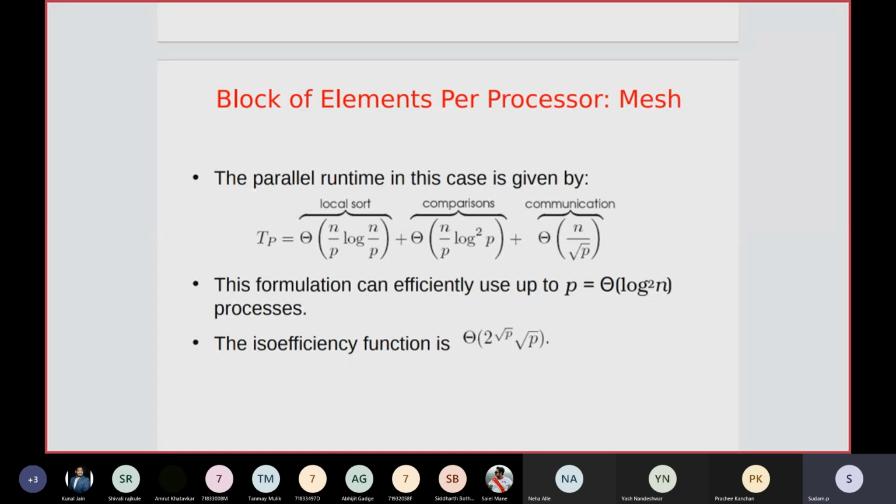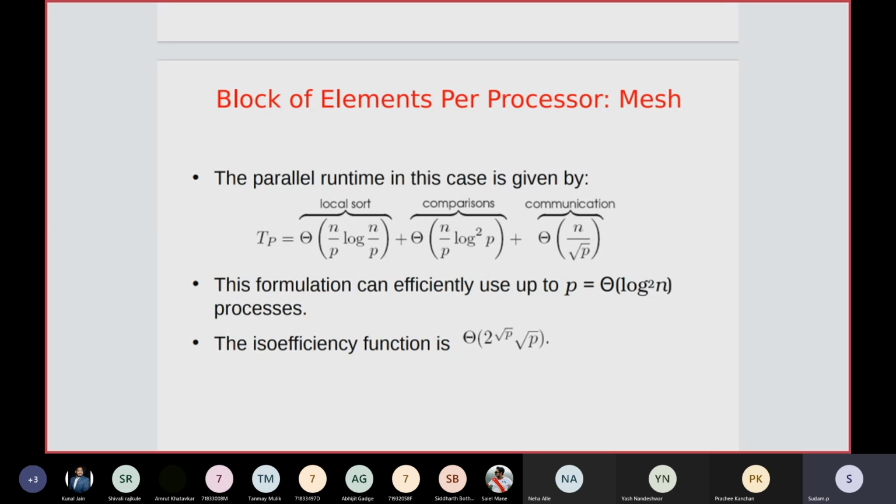Blocks of elements per processor, as you are mapping this with the mesh, in the bitonic algorithm. The parallel runtime in this case is given by TP, as just discussed in the previous slide also. Theta of n by p log n by p for local sort, which you are performing using merge sort. N by p log p comparisons will be there for compare and exchange purposes, where you can use the split and exchange sort.